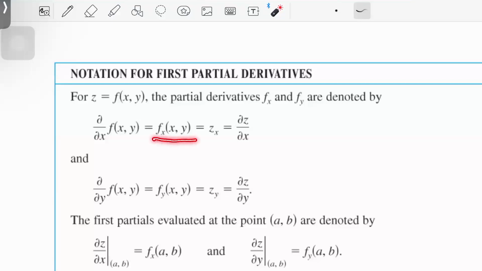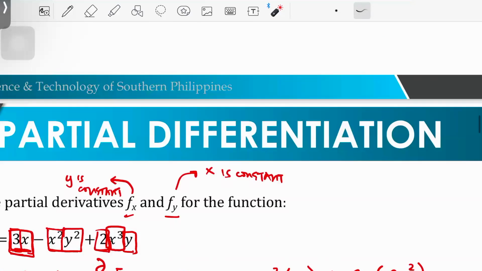It could be f sub x, or z sub x, just to denote the partial derivative of your function with respect to x. If it's y, we just change the subscript to y. Okay. So again, the dy over dx is different from the partial dy over partial dx. It's different. Okay.